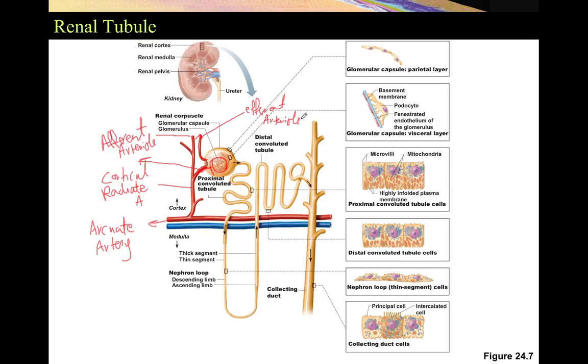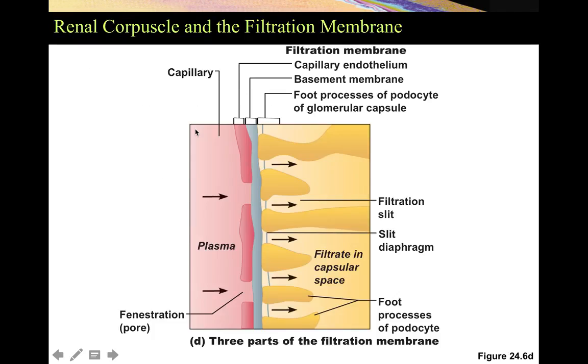Afferent brought in the lymph and the efferent took it away. A similar concept applies here. The difference would be that we would get blood instead of lymph. So the afferent arteriole is bringing blood to the glomerulus, and the efferent arteriole is taking that blood away from the glomerulus.